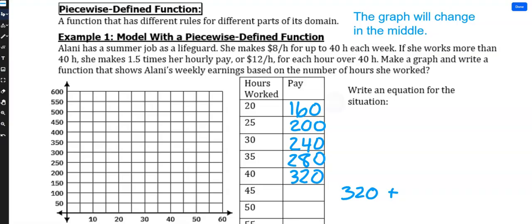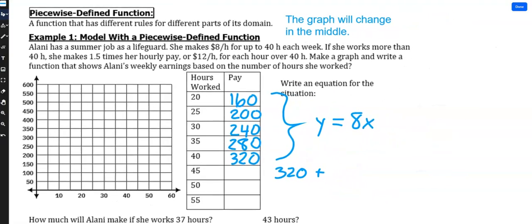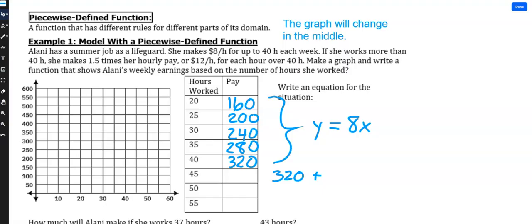So up to this point, all of this stuff has been y equals 8x. Okay? And that's for pay from 0 to 40 hours.